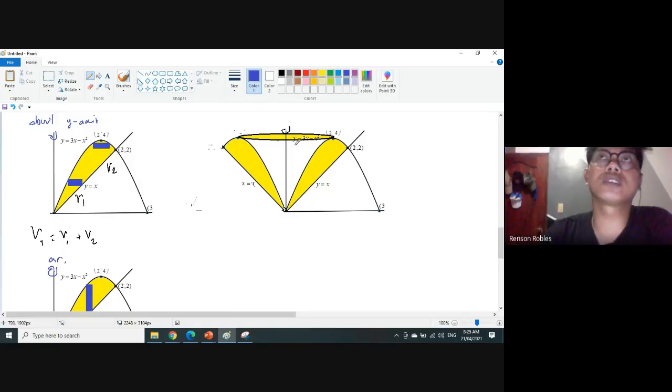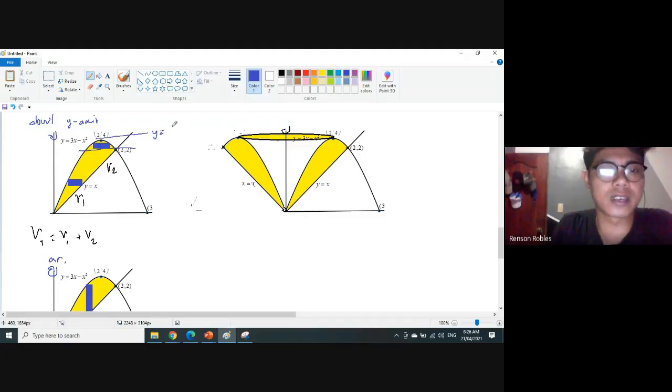So, if you want to use the washer method, you take an element perpendicular. The axis of revolution is vertical line, the y-axis. So, you take element horizontal. However, when you use horizontal elements, the whole region can be divided into two slices, into two subregions. From here until here, and then until here.